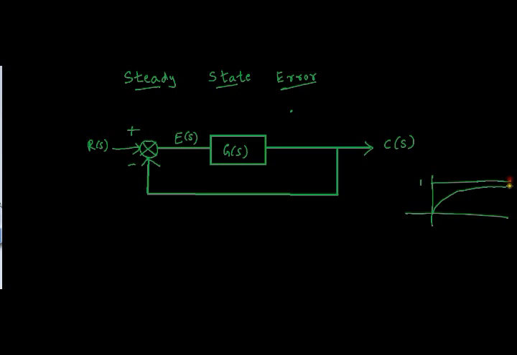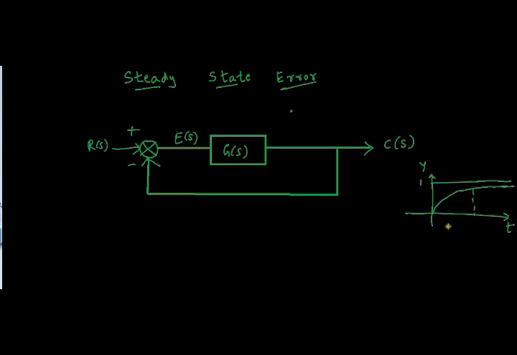As you can see here, the x-axis is the time domain, 0 to infinity, and this is our output on the y-axis. This is the input r of t and this is the output c of t. So when a unit step input is applied to a control system, depending upon the value of zeta, one of the responses will follow in this fashion.